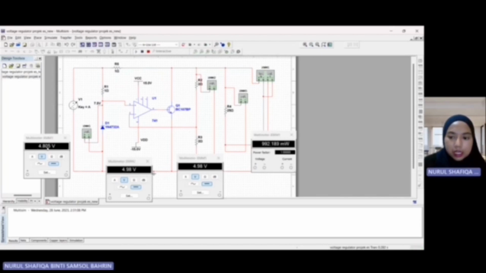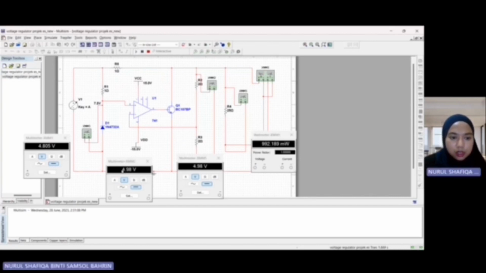Firstly, the value shown for the Zener diode voltage is 4.805 volt. Then I continue with the multimeter at R2 and R3. R2 and R3 are parallel, so the values will be similar.